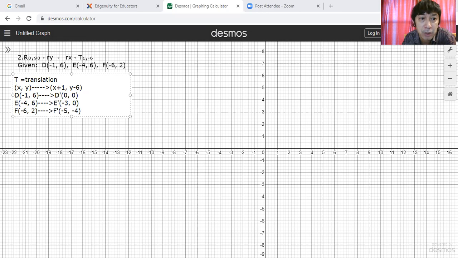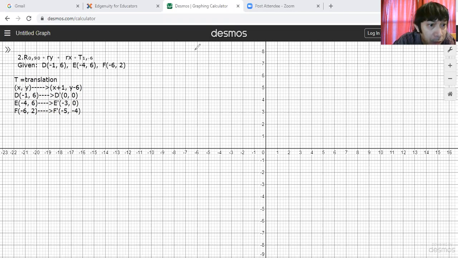This is translation. We shall try to have the image and the pre-image. What did we use a while ago? We actually started with black color. So we shall begin with 0, 0. Let's start with the given point, negative 1, 6. Let's have the black.